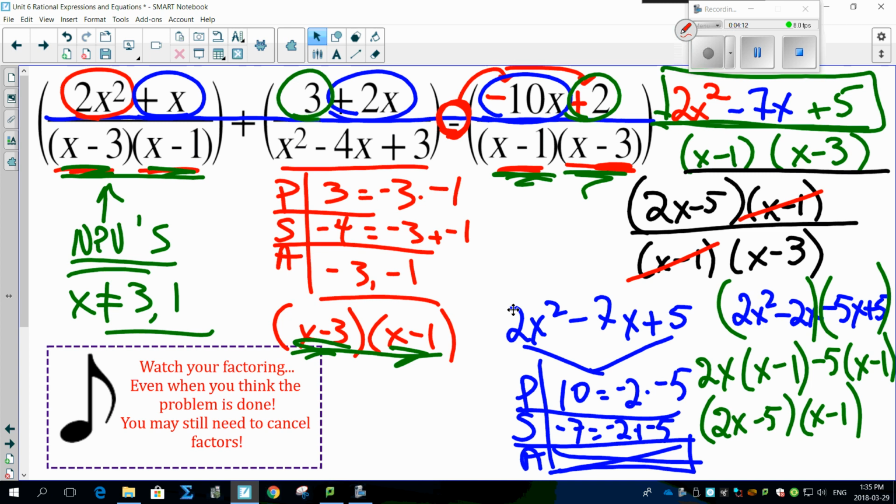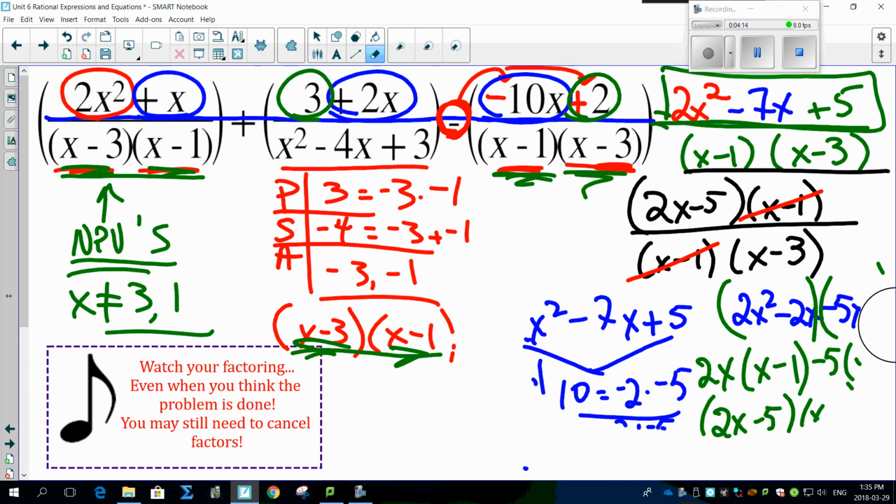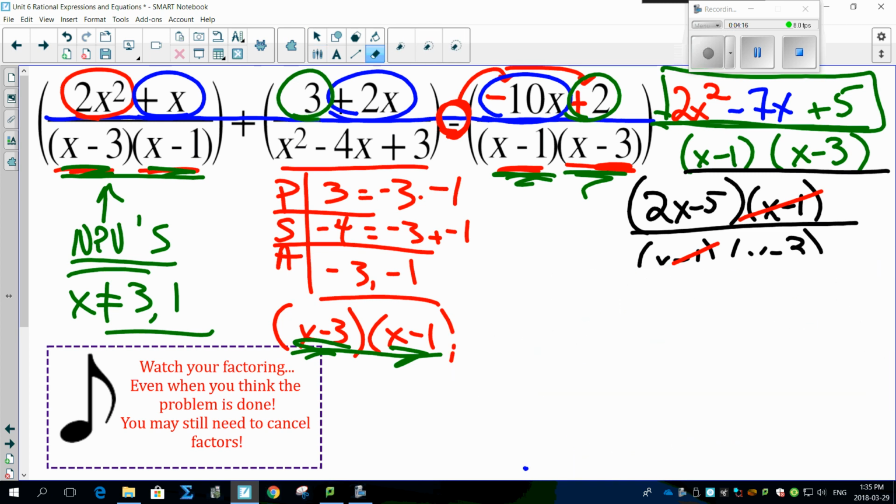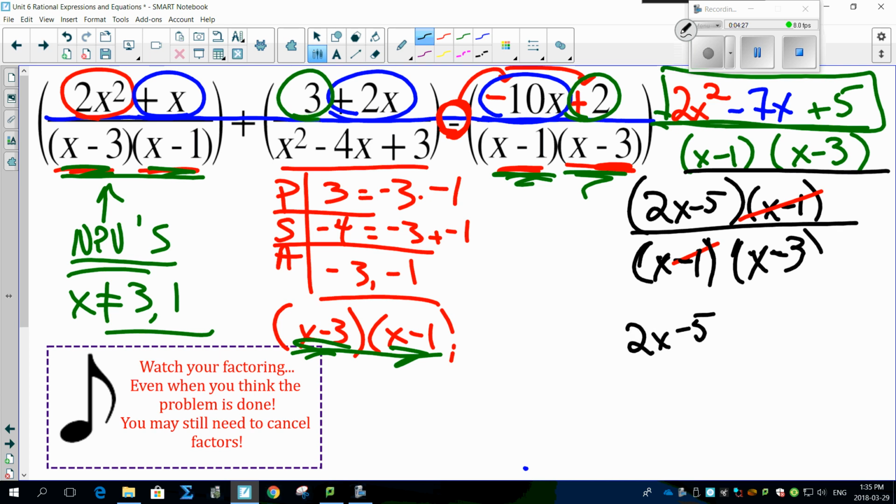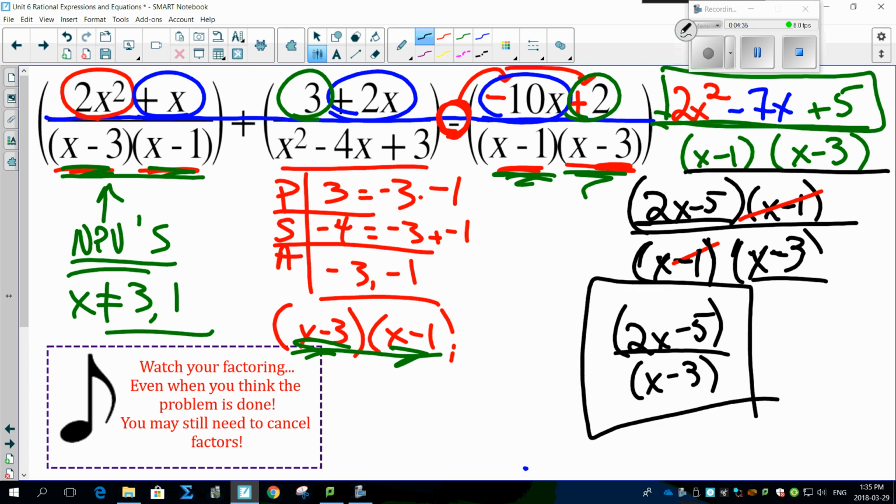So your actual answer, and let me just clean this up a little bit because we don't need a lot of this stuff in there, works out to be 2x minus 5, what's left here, over x minus 3. Look at that. There's your final answer. How pretty is that? Wow.